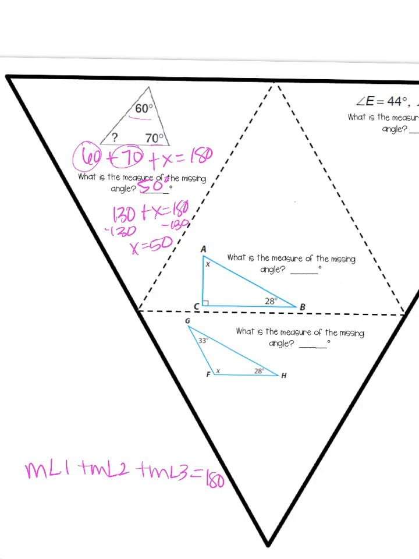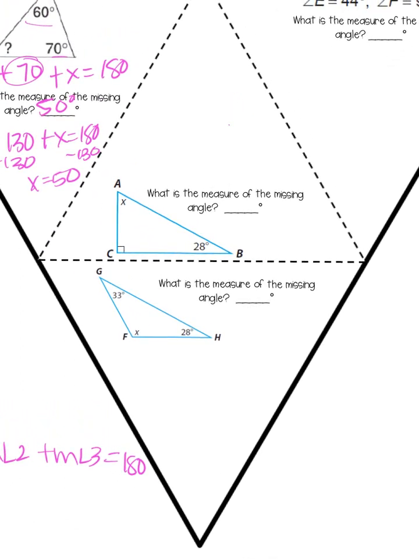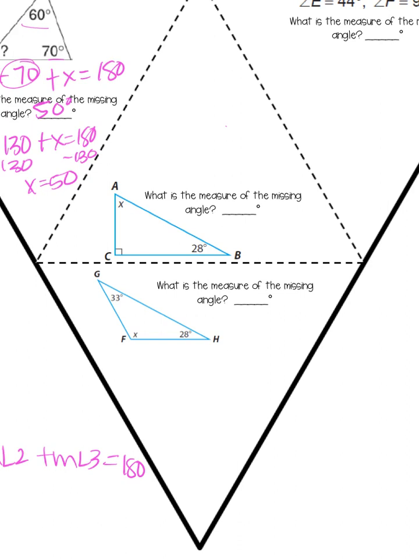That was easy. Now they love to do this one to you, where you think you're missing two angles, but you know that this is equivalent to 90. So you have 90 plus 28 plus x equals 180. 90 plus 28 is 118. 118 plus x equals 180.